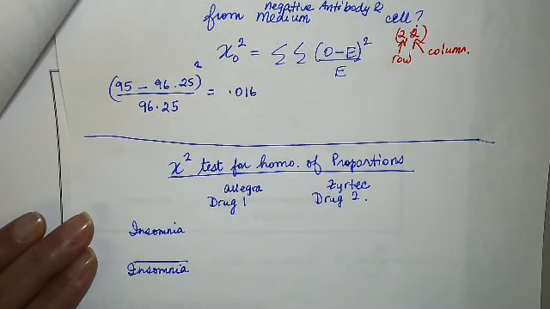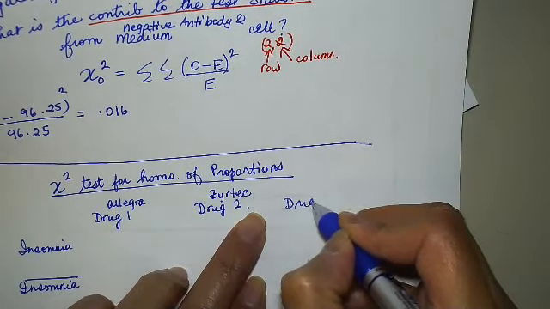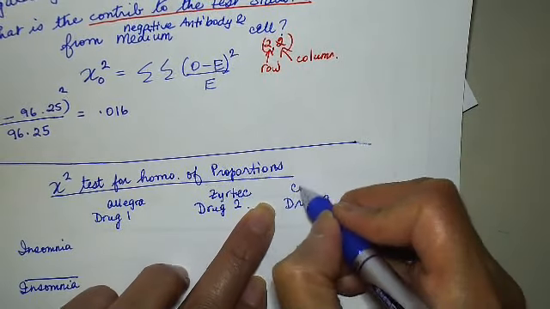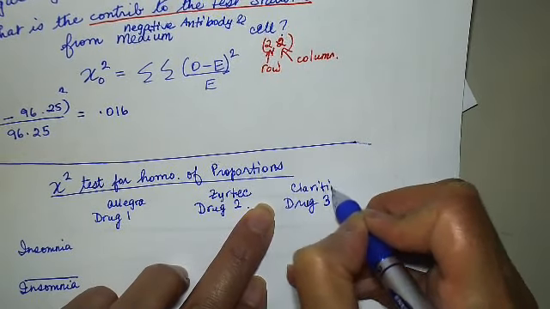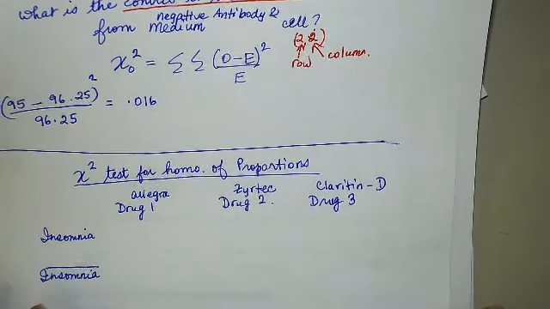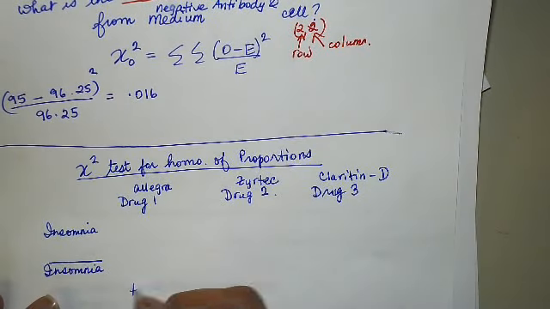And I want to see about insomnia. Insomnia, no insomnia. So I want to see if the proportion of insomniacs are the same for drug 1 and drug 2 and drug 3. That's why it says C populations.